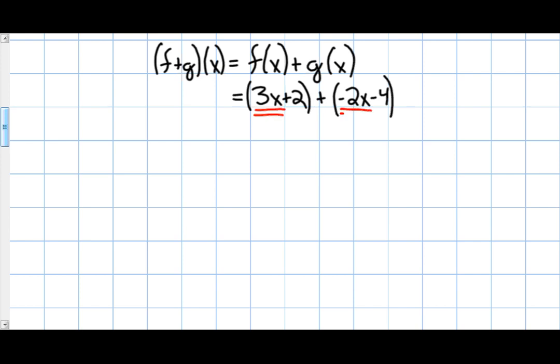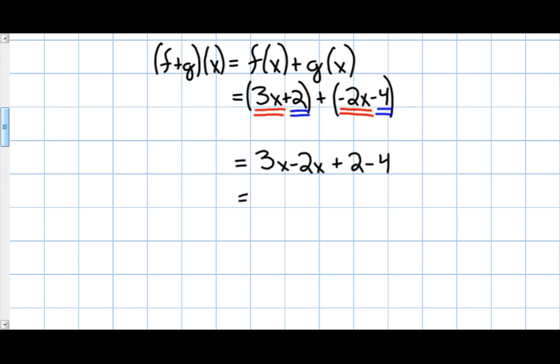Looks like I've got two x's that I can bring together, and a couple numbers that I can bring together. So let's rewrite this so that it's a little bit easier to deal with. So I've got 3x minus 2x, or again, that's just everything underlined in red, plus 2 minus 4. Now, looks like I'm just dealing with like terms.